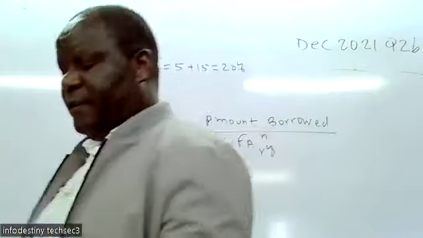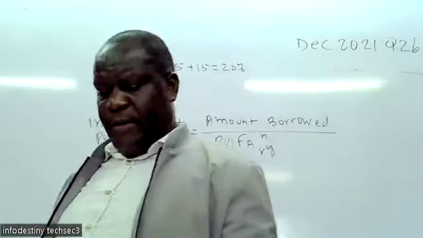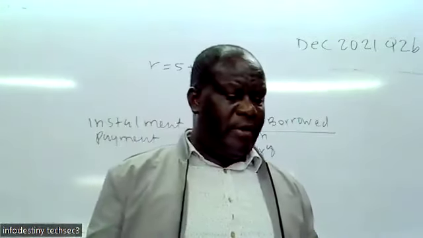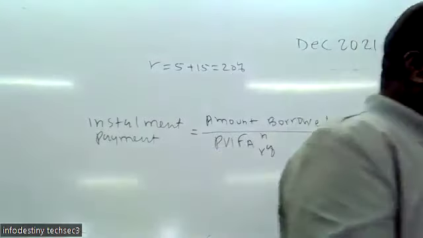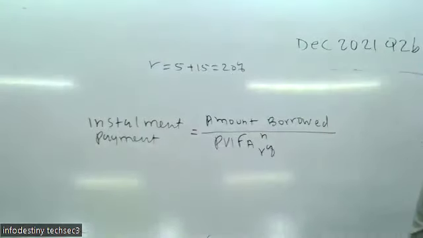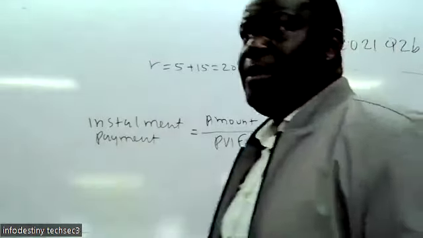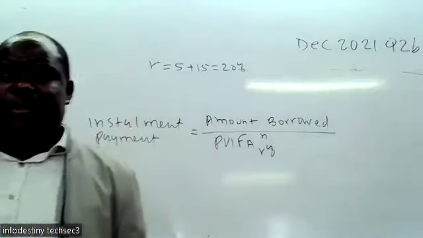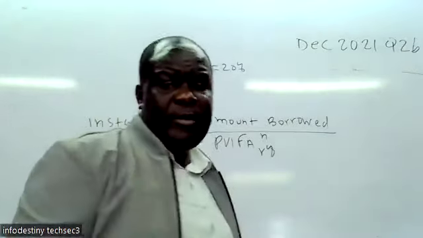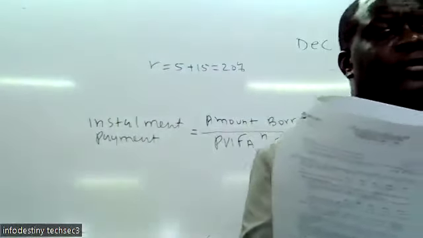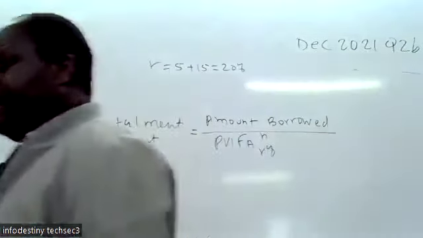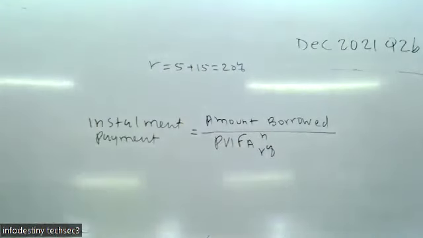When you go to page 15, there is a question for December 2021, question number 3, part B, the one for Seaphone Limited. So Seaphone Limited borrowed shillings 15 million from Baraka Bank at an annual interest rate.